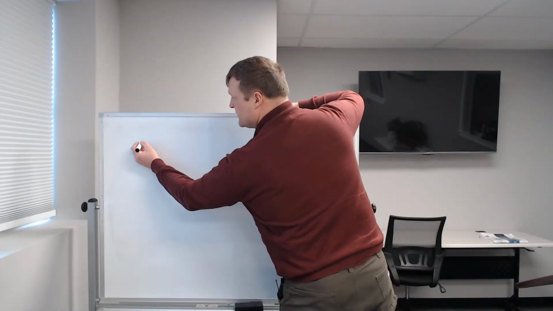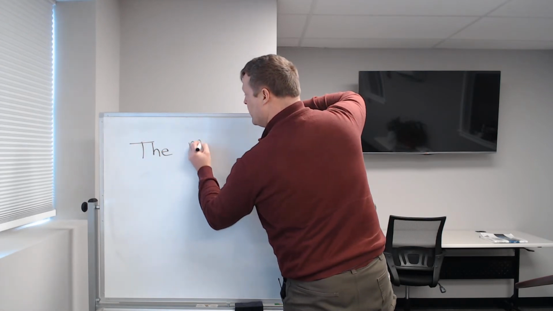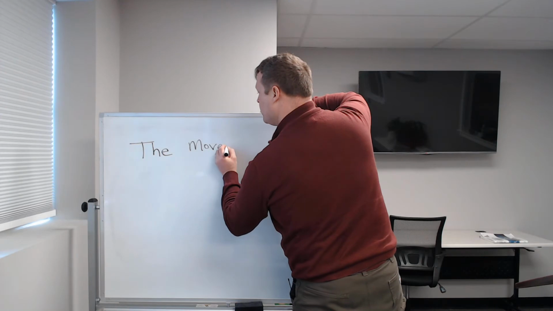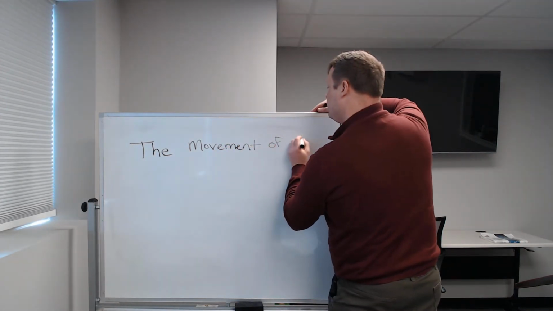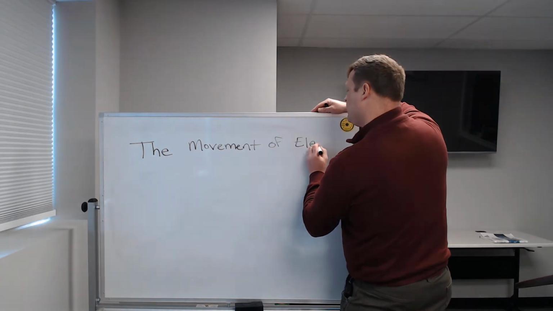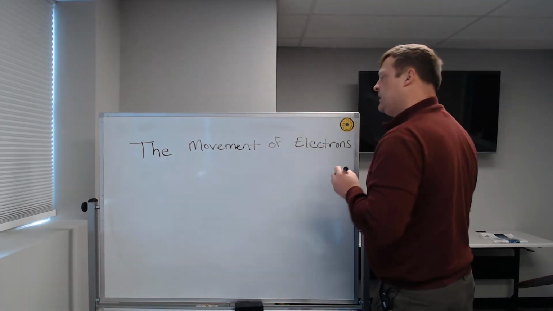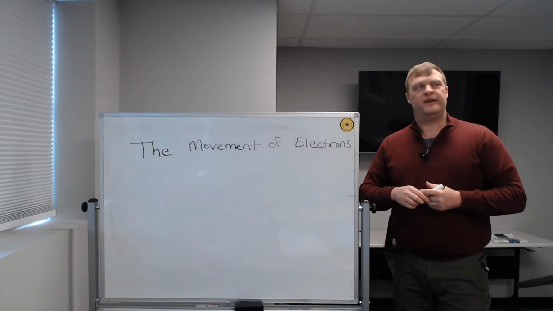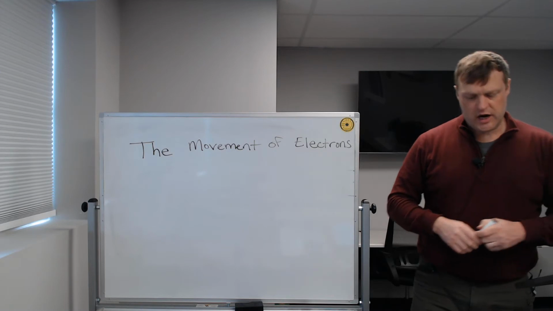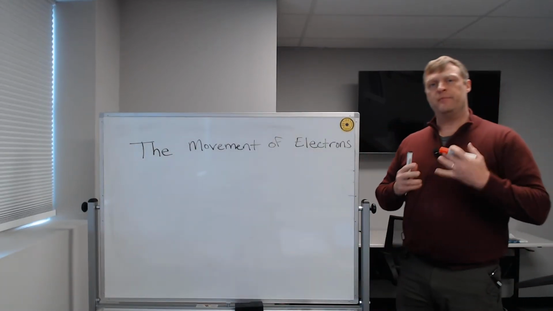Electricity is simply the movement of electrons, okay? So in its most simple definition that we're going to start with, electricity is the movement of electrons.